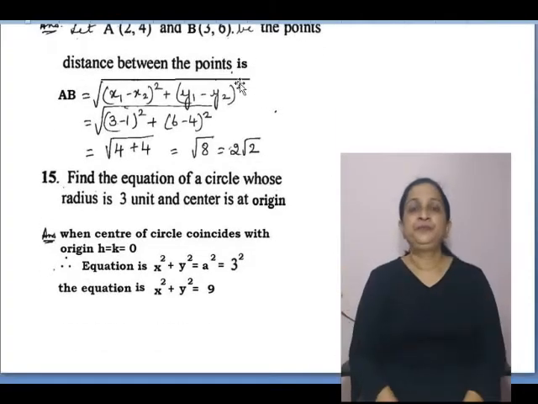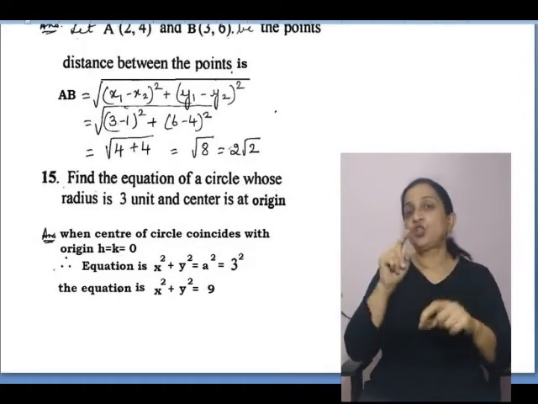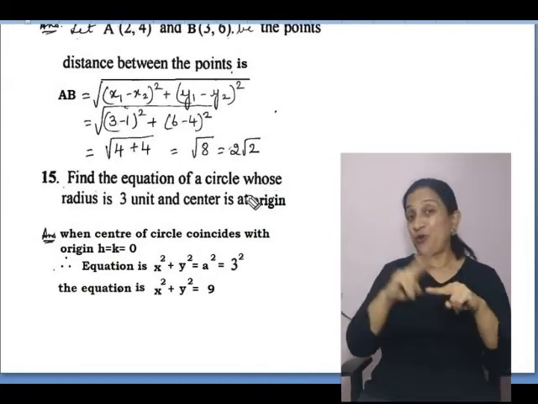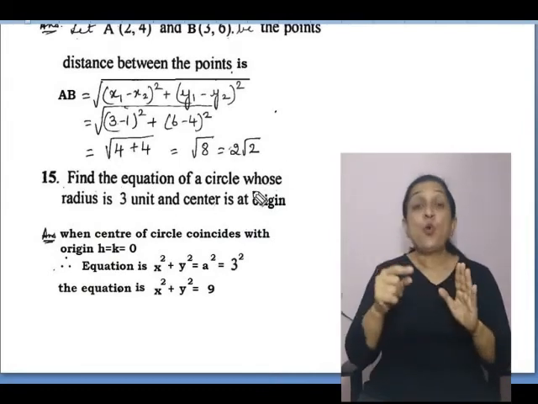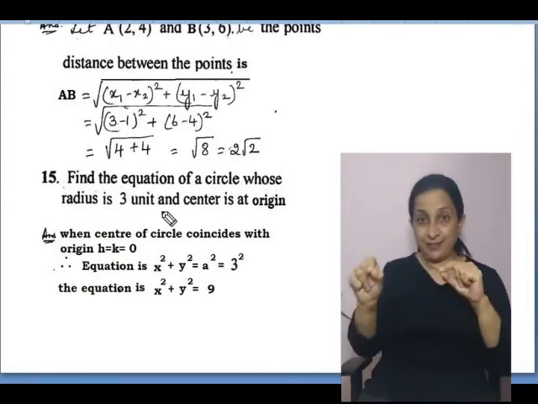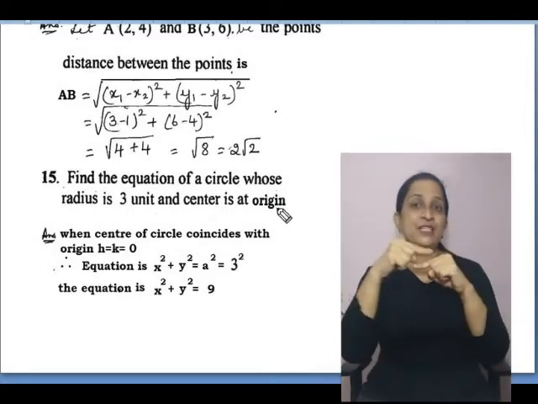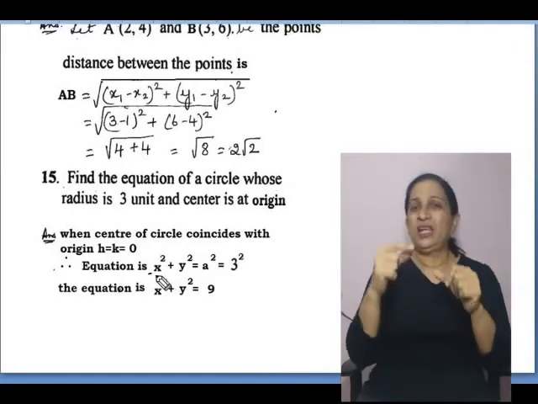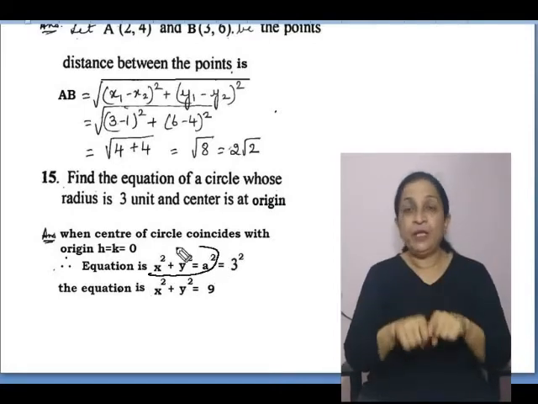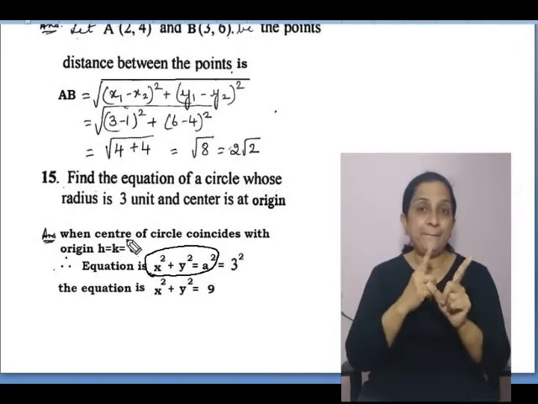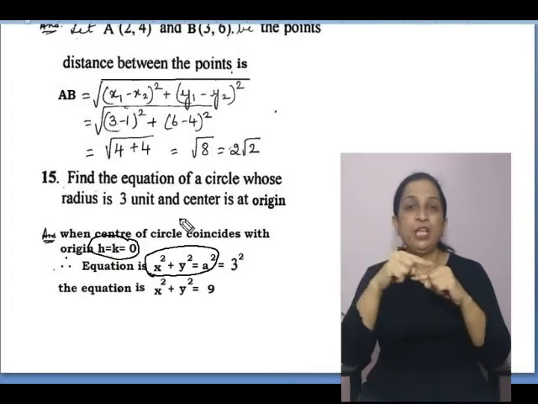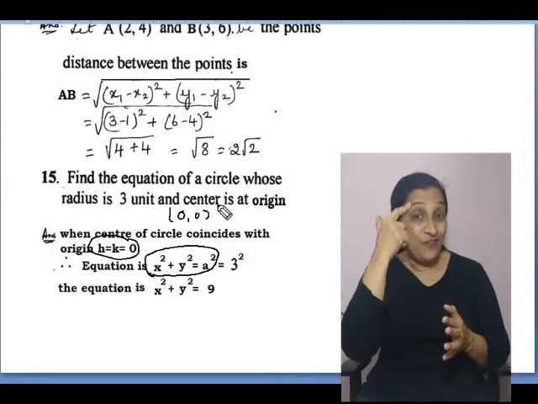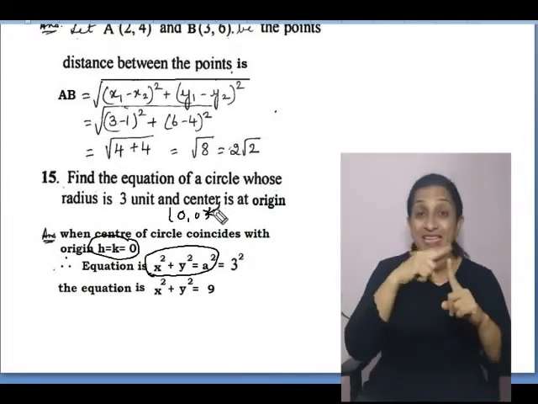Fifteenth and the last problem. This I told in the beginning when I did the formula. Find the equation of a circle whose radius is 3 units and center is at origin. The formula is x squared plus y squared equal to r squared, or a squared, when h, k is equal to 0, that is, the center is at the origin (0, 0).